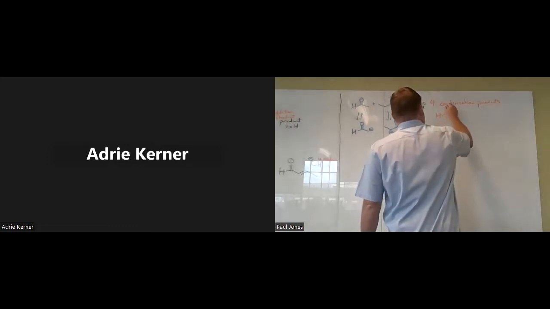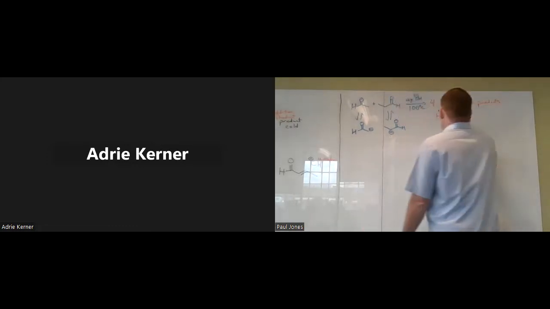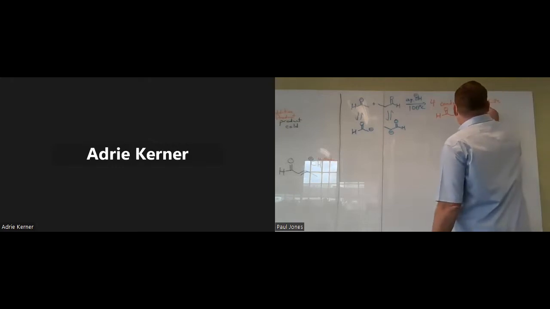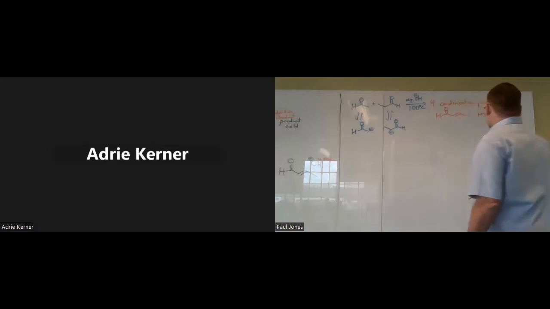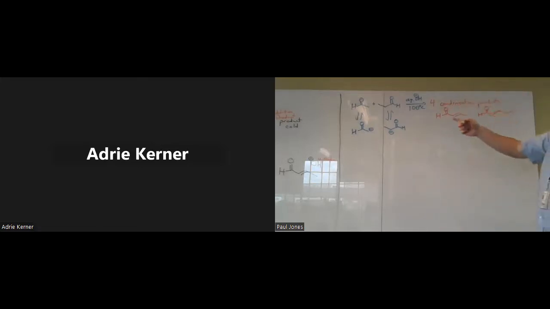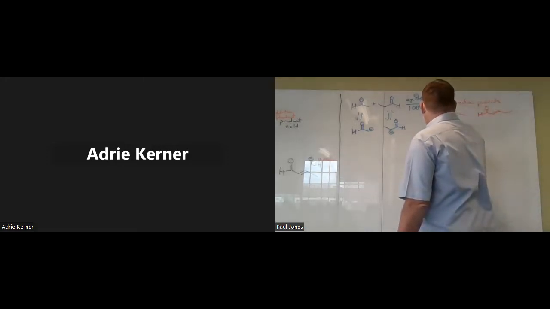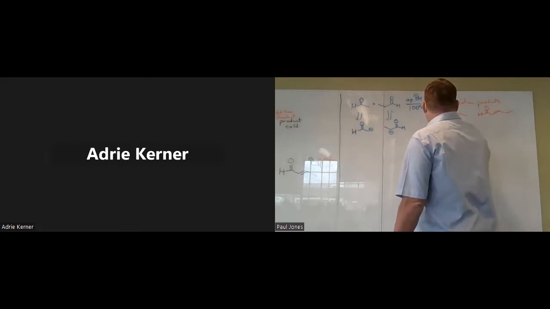So the first one would be, this is what we just made. Acetaldehyde enolate reacts with acetaldehyde. Gives this compound. We'd also get acetaldehyde enolate reacting with propionaldehyde. Propionaldehyde's got 3 carbons, acetaldehyde has 2, so this would be 1, 2, 3, 4, 5. We could have the propionaldehyde enolate react with propionaldehyde.